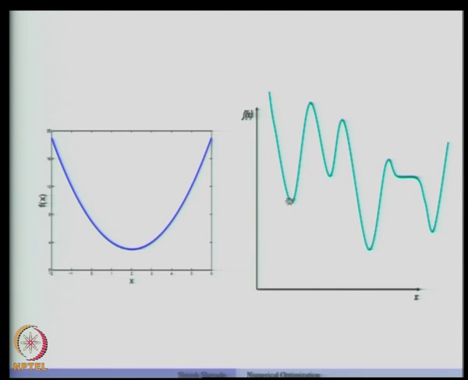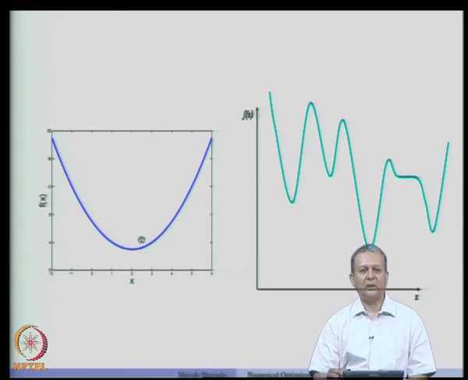For example, these points, as we saw earlier, are all local minima. Among all these local minima, this is the point at which the function attains the least value, assuming that the function increases as x increases in this way or x decreases in the other way. So, you will see that the function on the left is a very nice function. It has a local minimum which is also a global minimum.